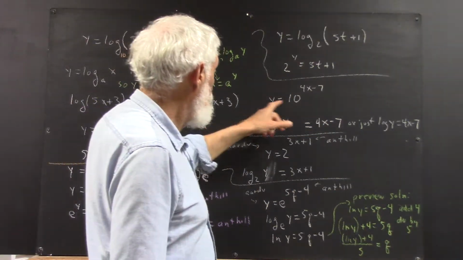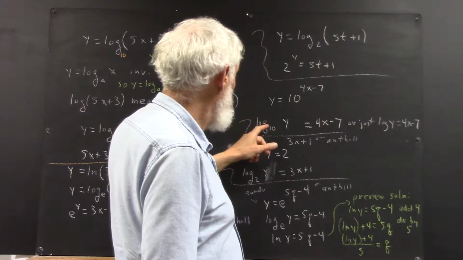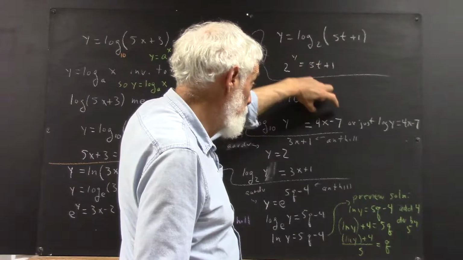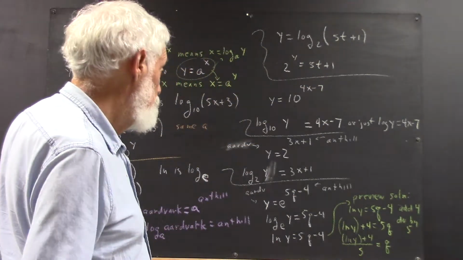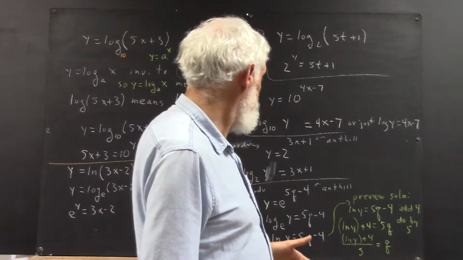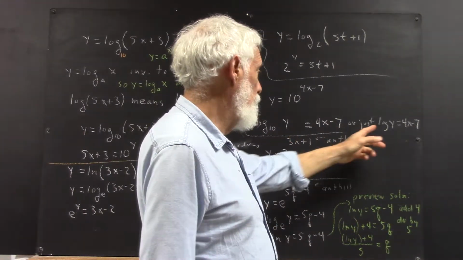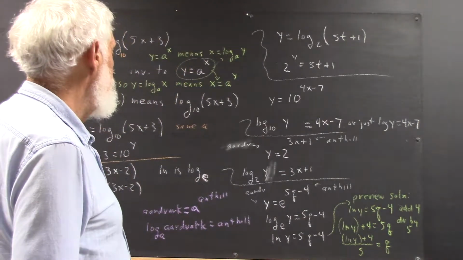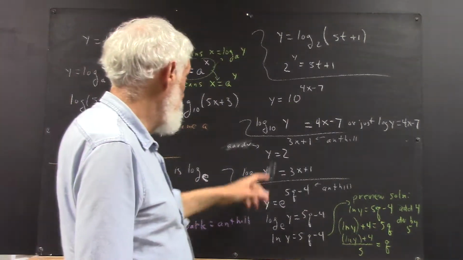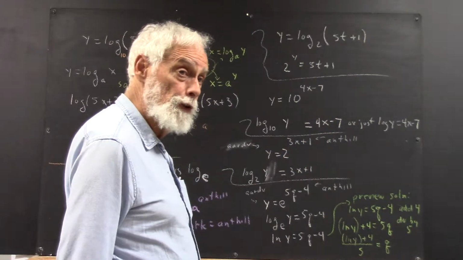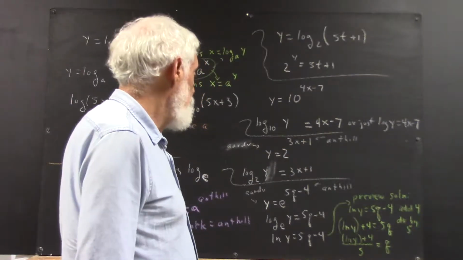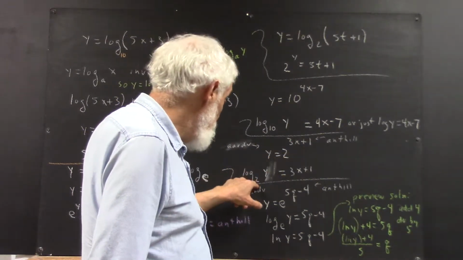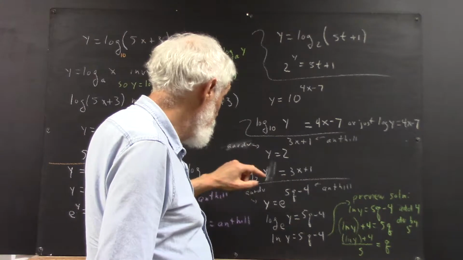In other words, y equals 10 to this means log base 10 of this equals the exponent. And of course, then we could just write that. We don't have to write the base 10. We could just write it log y equals 4x minus 7. So, take the expression y equals 2 raised to the 3x plus 1. Well, that inverts to 3x plus 1 is log to this base of whatever this is. In this case, it's y.